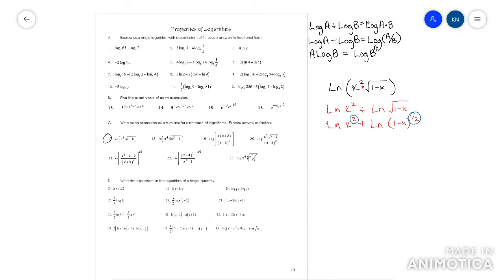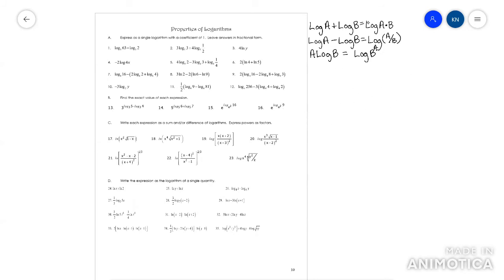So my final answer here would be 2 ln of x plus 1/2 ln of 1 minus x. So you break it apart first, and then you put things to the exponent so that you can swing that exponent out in front. Hope that made sense.